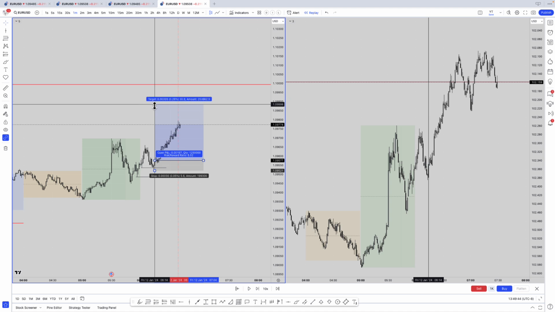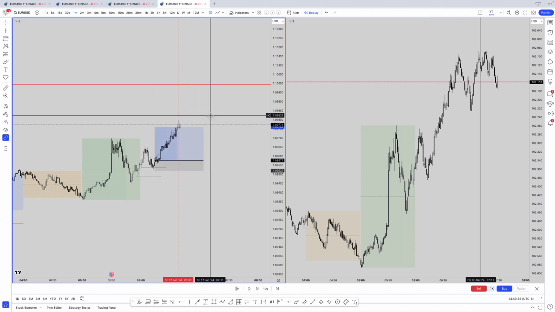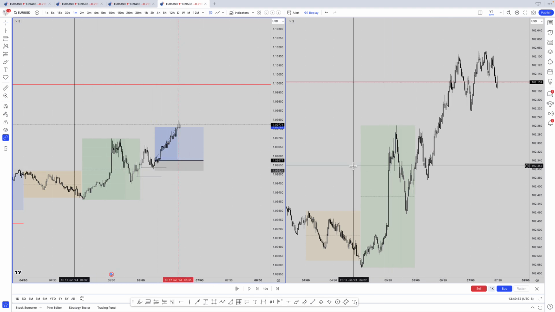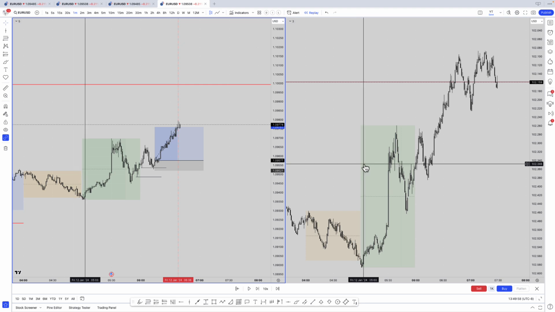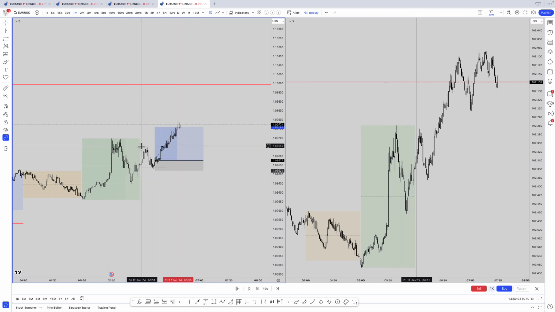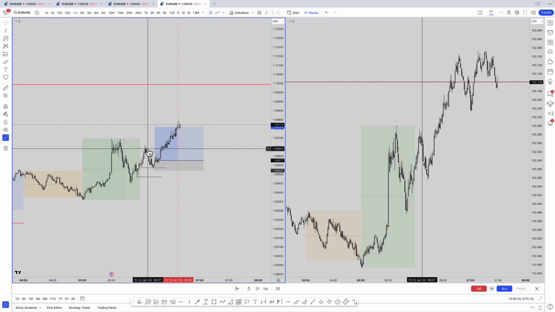Now, a lot of you are probably thinking, well, I could hold longer. Absolutely, you could. I've been managing with DXY for quite a while now, and what I can tell you is DXY will stop price dead in its tracks and completely reverse it, and you'll look at EURUSD and be like, we didn't actually hit anything. Why did price reverse?